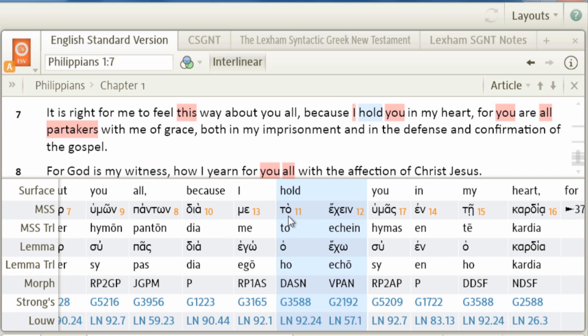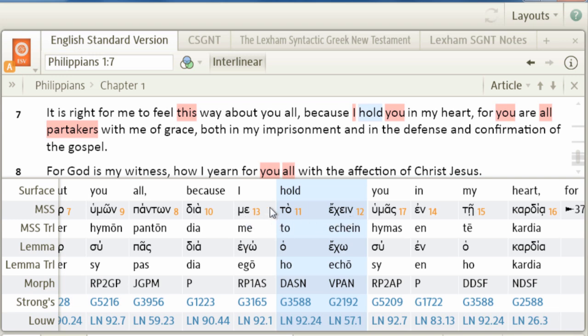So now if we go back up to our reverse interlinear pane, notice in the manuscript line here, we have these numbers, and the numbers indicate the order in which these words appear in the Greek manuscript, or in the Greek New Testament. Here we have 11, 12, ta, echein, and notice which word in the accusative comes next.